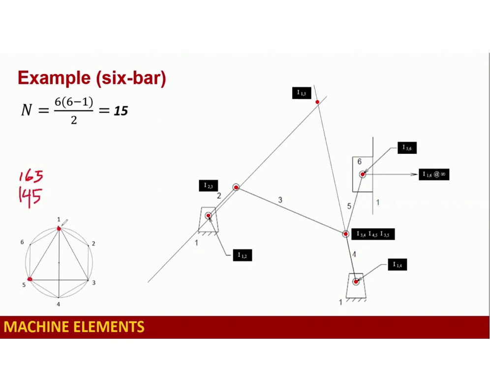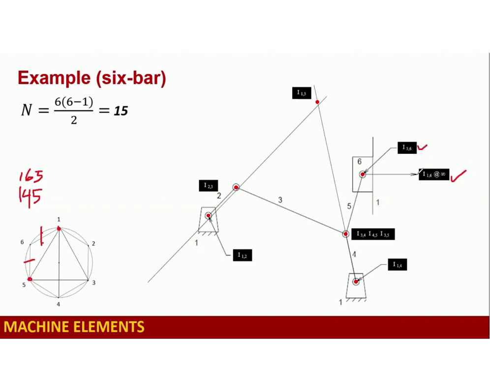Thus, the location of 1, 5 is on the point intersecting 1, 6, 6, 5 and 1, 4, 4, 5. So we locate the locations of 1, 6 and then 6, 5 first. So our 1, 6 is here, and then we have our 5, 6 here.